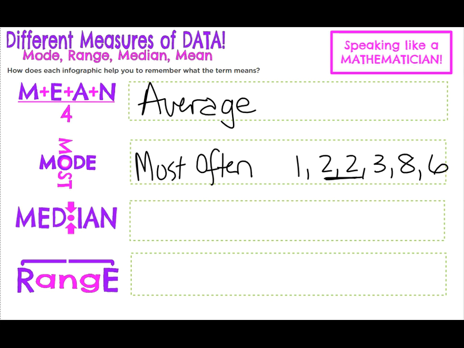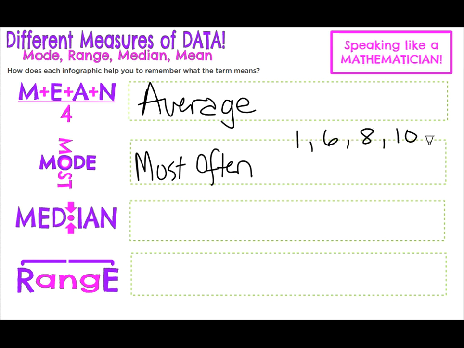Now, we can have a couple of other things happen with mode. We can have a situation where we have no mode because every piece of data only appears once, each number only appears once, and that's said to be no mode.